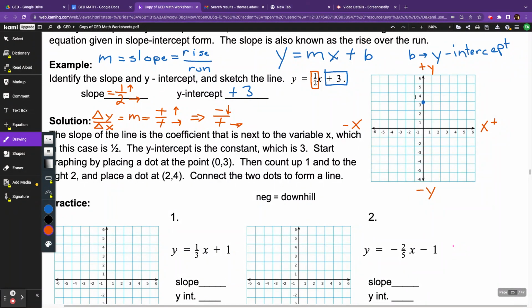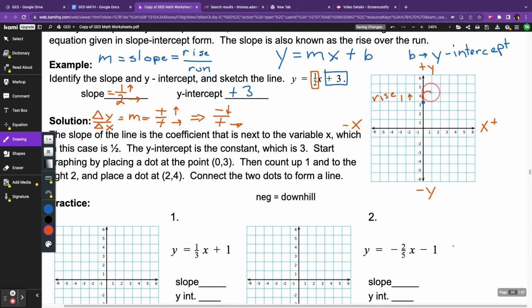So from here, I'm going to go up 1 unit. That's my up 1. And we would call that the rise. Write all this down at first, okay? And then we're going to go over 2.